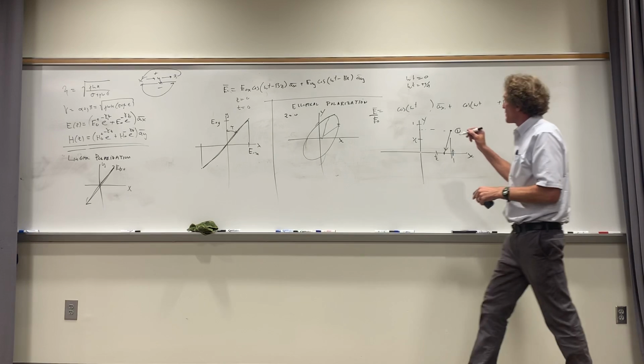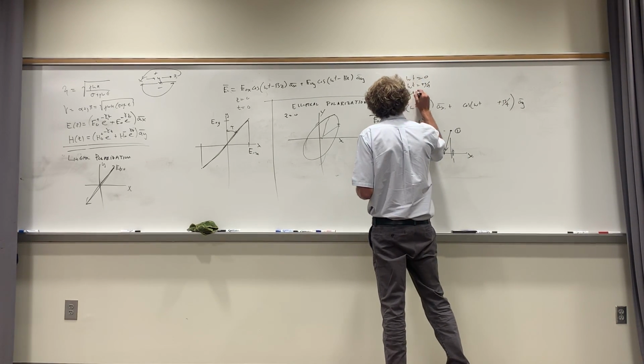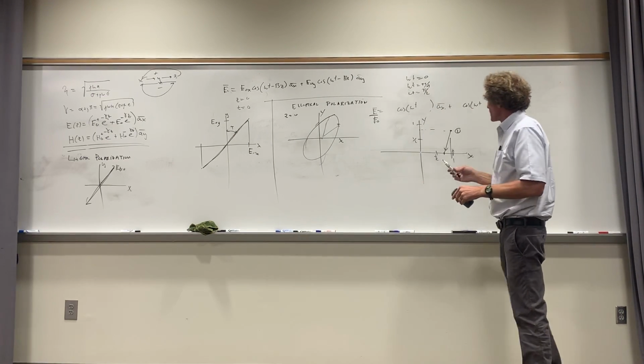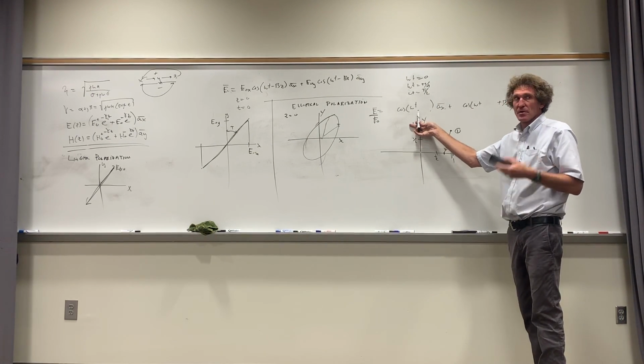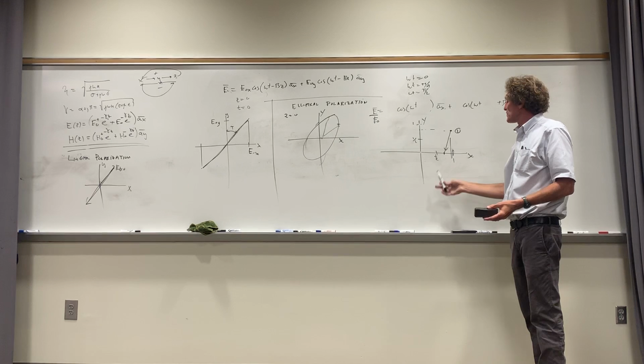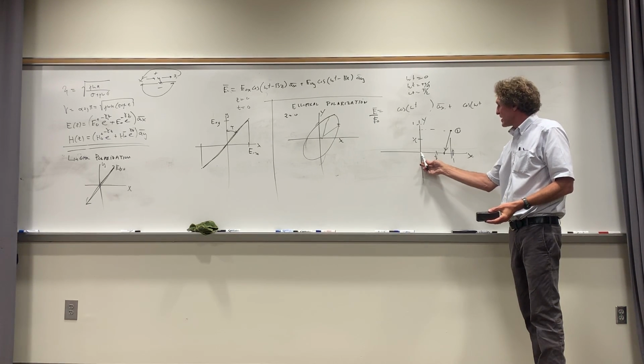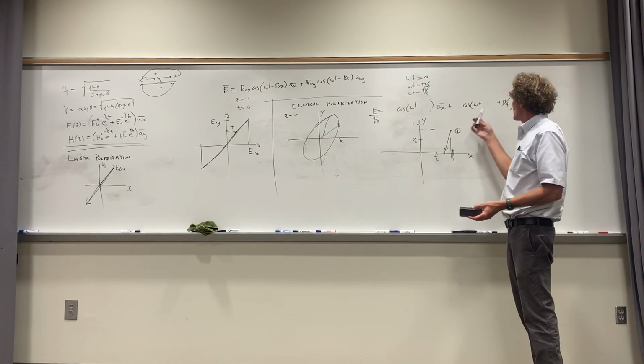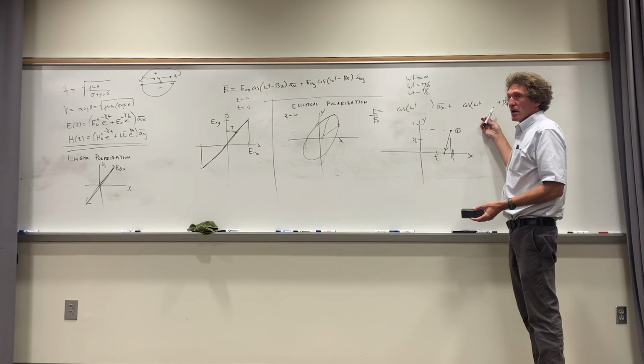Now keep going on. What about omega t equal to pi over 2? First one is what? What is cosine of pi over 2? 0. So I know as far as the x direction, I'm going to be right here in x, right? Where am I on y? Cosine of what? 3/4 pi, right? What is that?